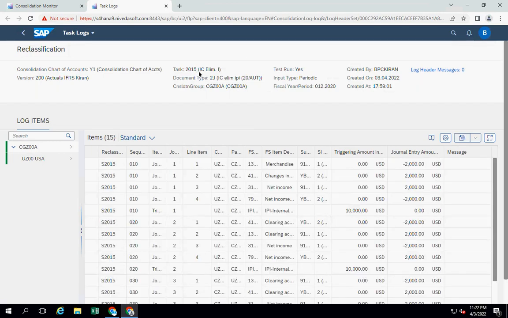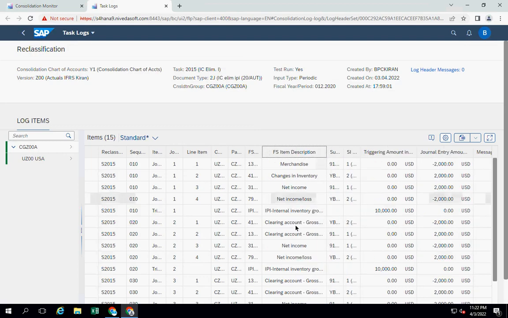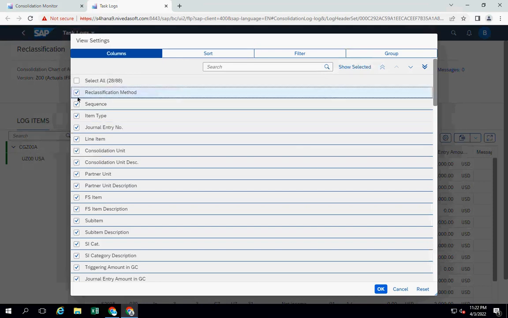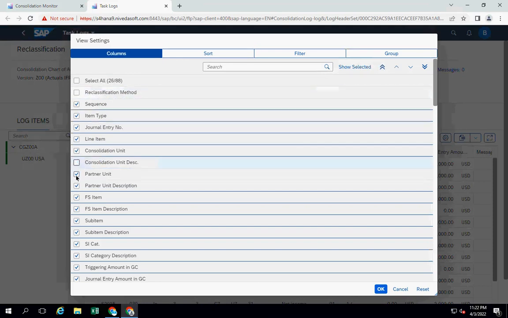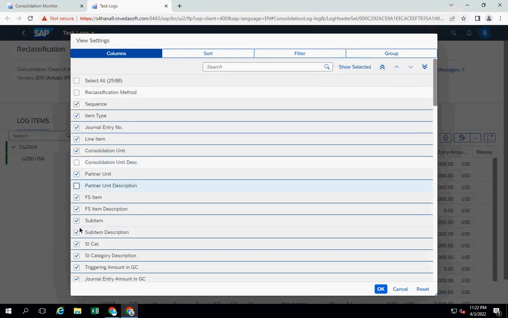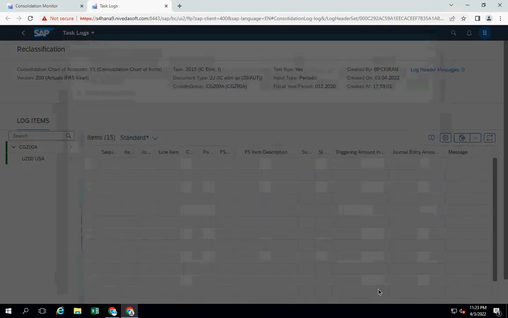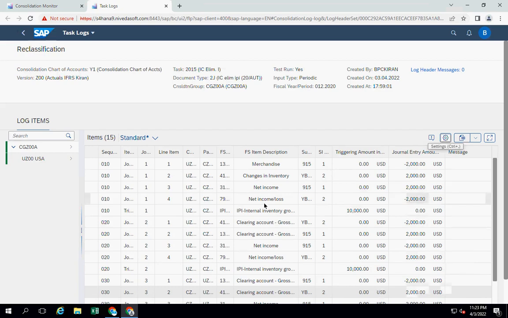The task is IC elimination inventory. As I said, this 10,000 is my triggering amount. You can see here, IPI internal. So, US and Canada, the first sequence.